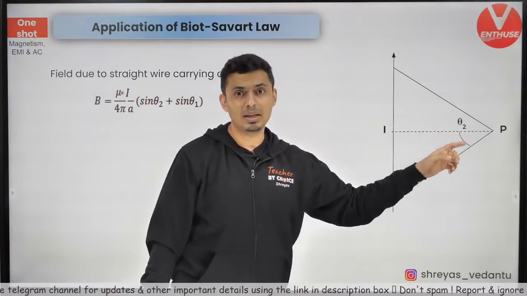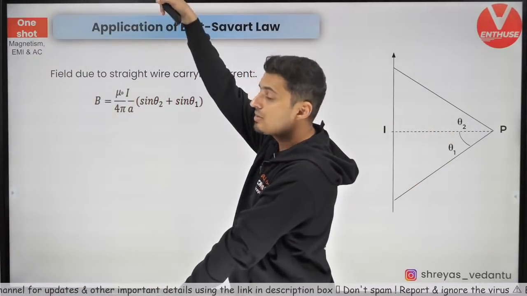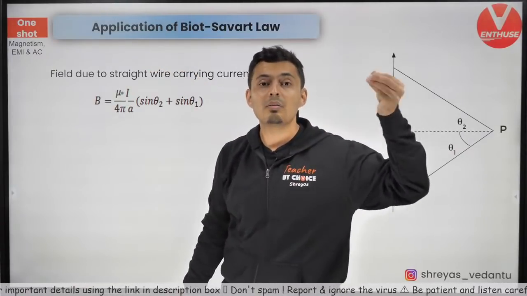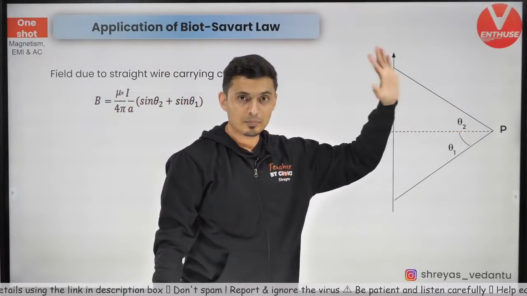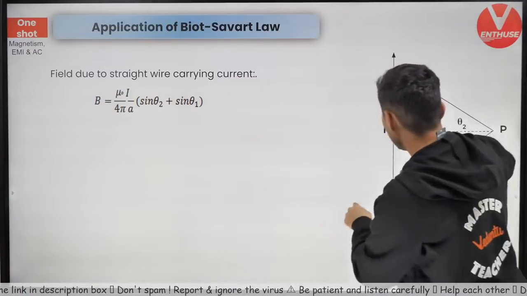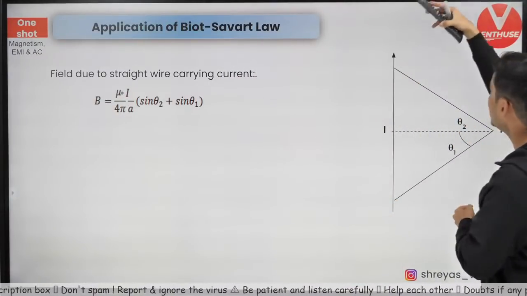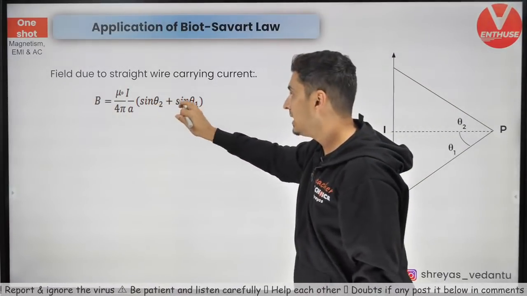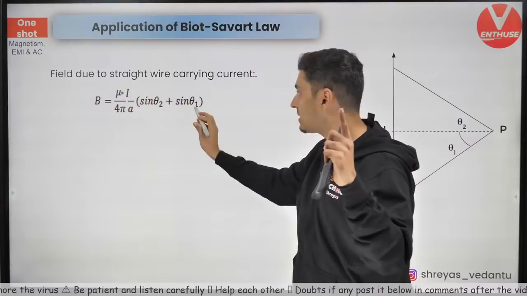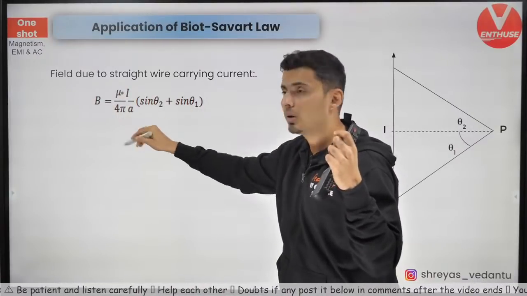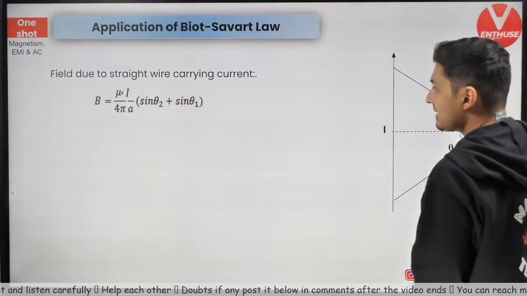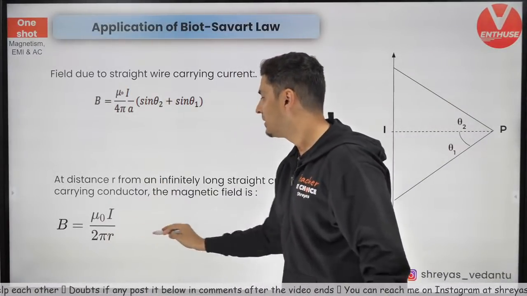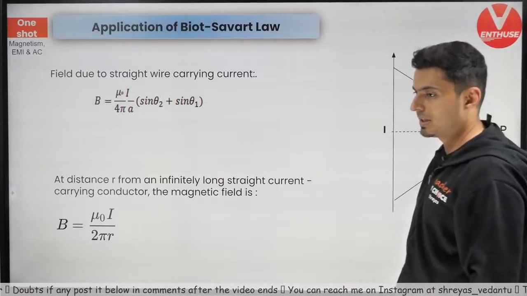What is theta 1 and theta 2? They are the angles which the ends of the wire subtend from the point where you want to find the field. But if it is an infinitely long wire, then theta 1, theta 2 both will become 90 degree. Sine 90, sine 90, 1. 1 plus 1, 2. 2 divided by 4, 1 by 2. So hence that formula will become mu naught I by 2 pi times the distance. Okay, so that's how it becomes.